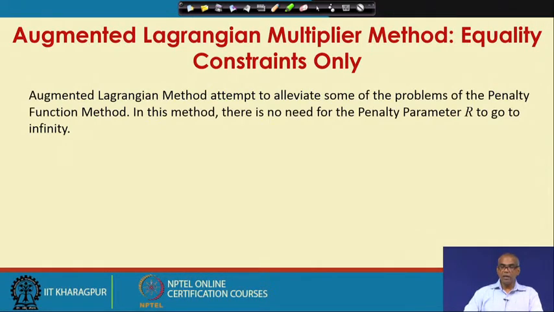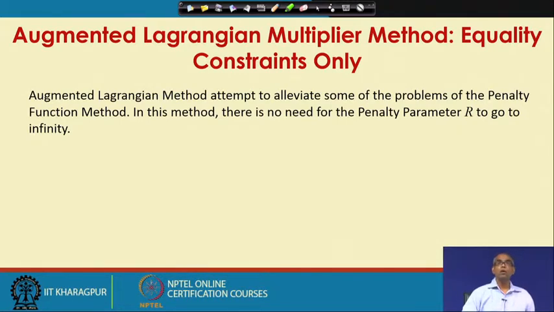So, the augmented Lagrangian multiplier method was introduced to alleviate some of these problems. In this method, there is no need for the penalty parameter r to go to infinity.